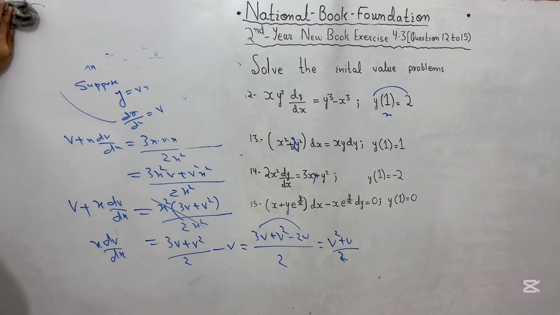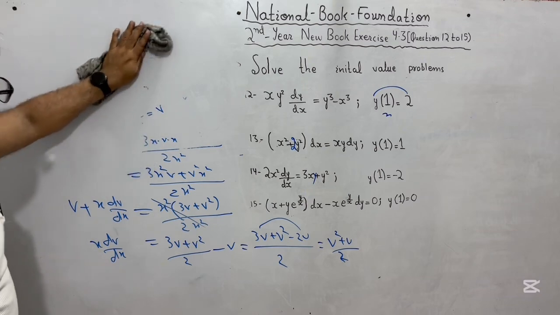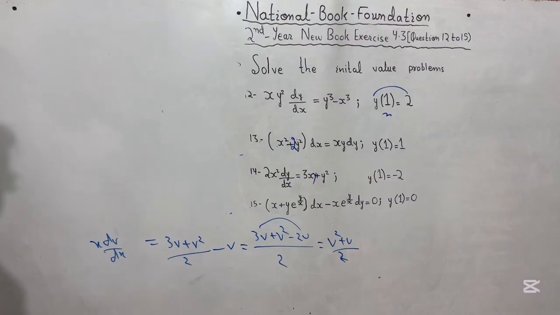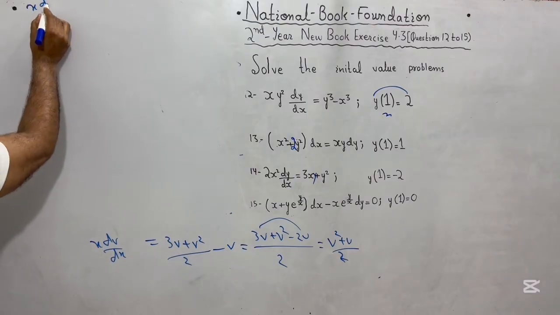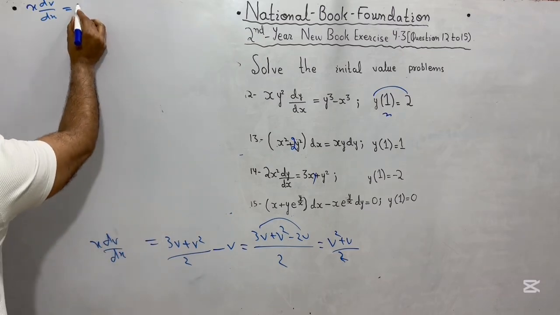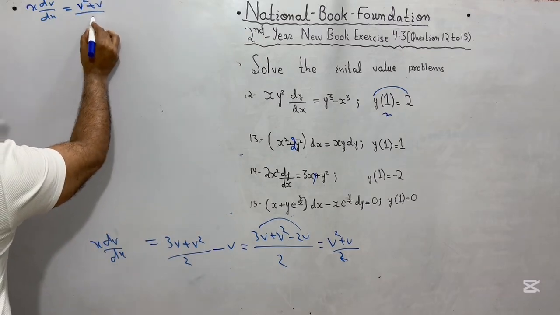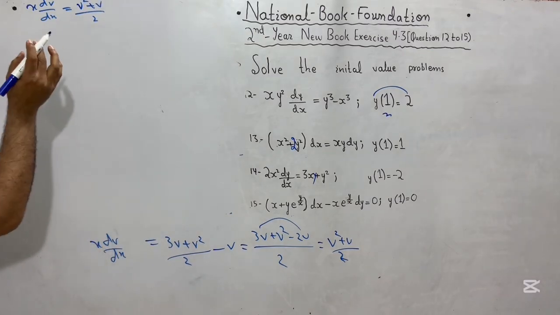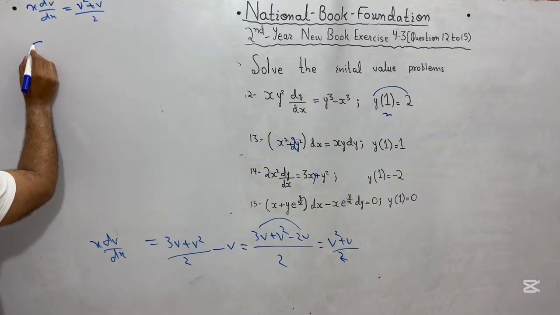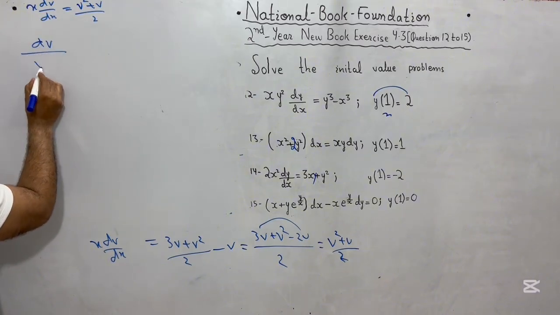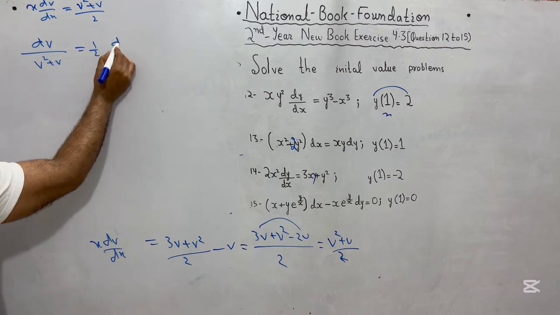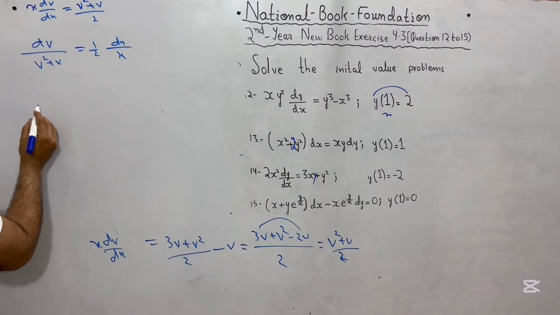Separate them and integrate. Let's see how. Finally, we have x times dv over dx equals v square plus v over 2. Shift dx over x here and v square plus v towards dv. We have dv over v square plus v equals 1 upon 2 times dx over x.